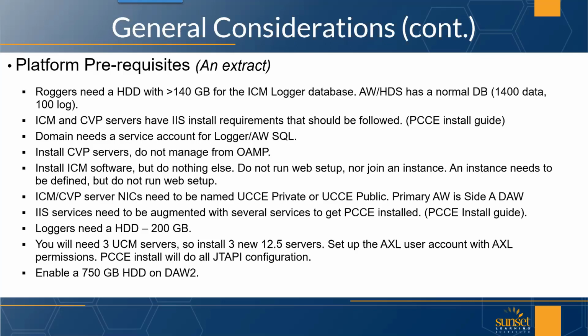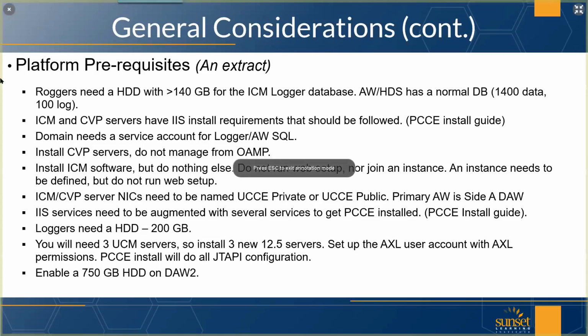For instance, this is all on virtual machines, of course. Everything is virtualized in PCCE these days. So we're talking about VMs, but nonetheless, they're still going to have certain parameters associated with the VM OVA and things of that nature. But our Roggers need a hard drive, 140 gig for the logger database.